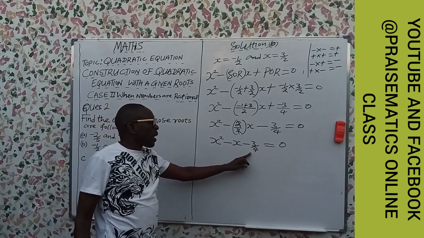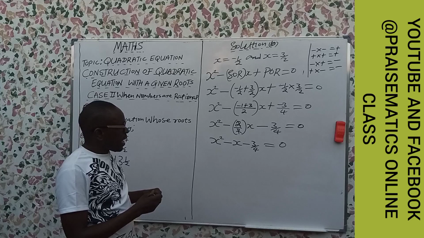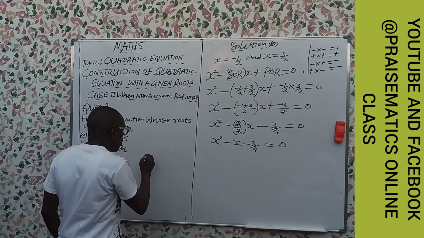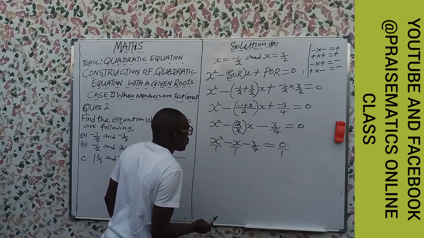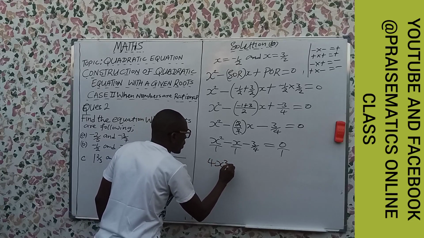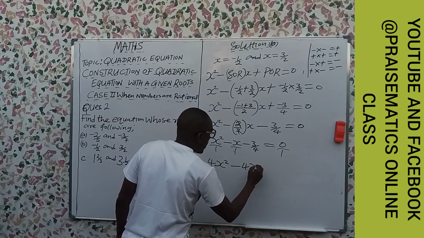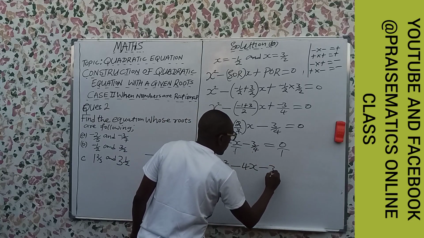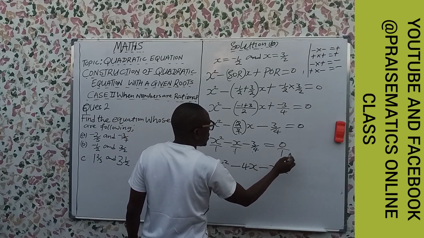If you like, multiply all through. Look for the LCM of the entire expression, which is 4. 4 times x squared gives 4x squared. 4 times minus x gives minus 4x. 4 divided by 4, 1 times it gives minus 3, equal to 4 times 0, which gives 0.